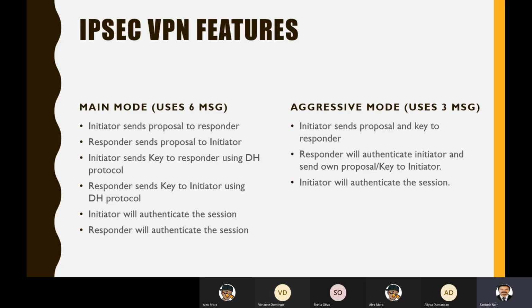And which is the mode that we are using in negotiating and forming the tunnel in remote access VPN? Aggressive mode. Correct. So this part is very important in the theory part. By default it is main mode in site-to-site VPN. So this part is clear for you guys? Yes, boss. Okay, great.